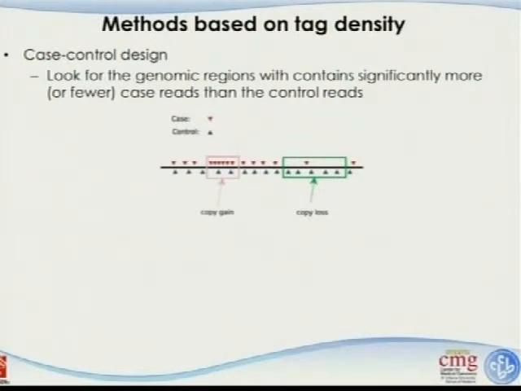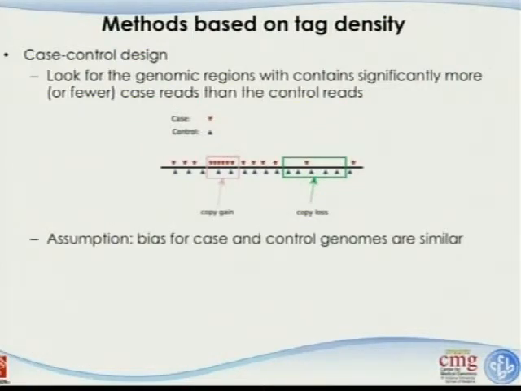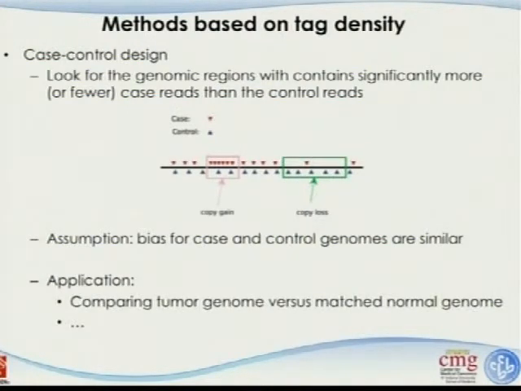I just compare in this region whether there's, so this one probably there's a copy gain in the disease sample, there's a copy loss in the case sample. This is kind of straightforward. Okay? And the assumption here is the bias for case and controls are similar. The bias meaning the GC content or whatever is considered, mappability and things like that.